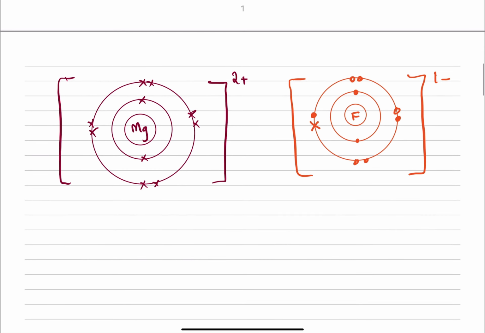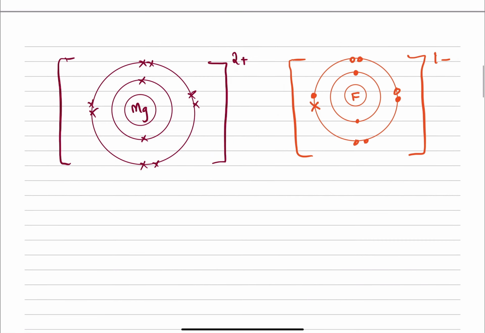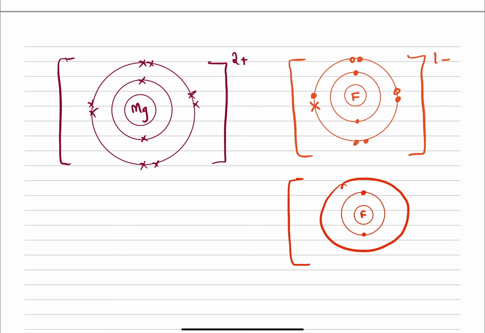And then here, I'm going to make another fluorine ion because it's 2 fluorine ions. So 1, 2, duplet, and then 1, 2, 3, 4, 5, 6, 7. And the 8th electron is coming from magnesium. So of the 2 electrons magnesium has lost, one goes to one fluoride ion and the other goes to the other fluoride ion.